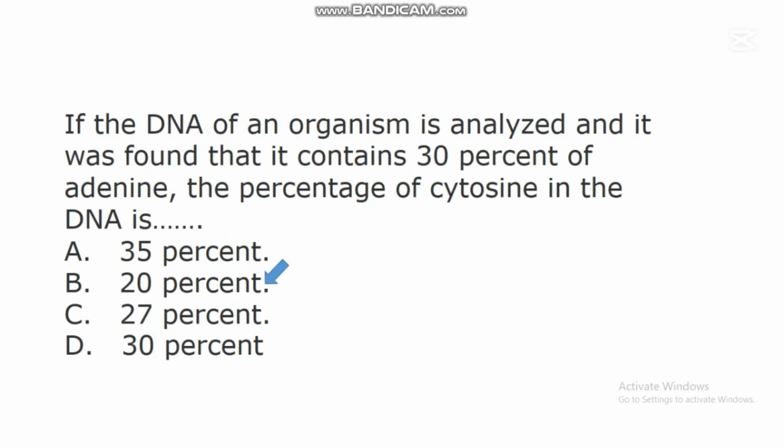20%. So if the DNA of an organism is analyzed and it was found that it contains 30% of adenine, what it means is that that DNA also contains 30% of thymine, because thymine pairs with adenine. So in this situation, the thymine and adenine have taken 60% of the DNA. So the remaining 40% will now be taken by cytosine and guanine.